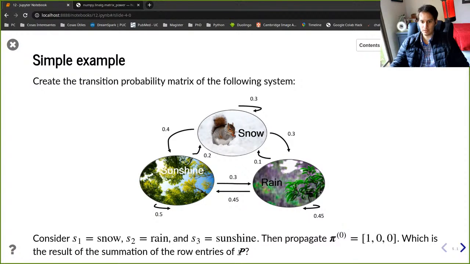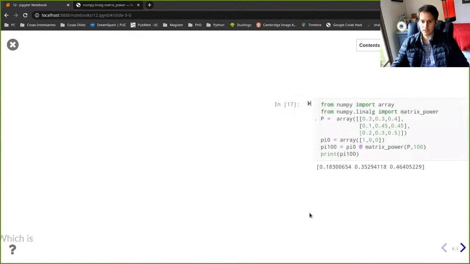So this p, instead of being constant, would be p of x, being x the state.